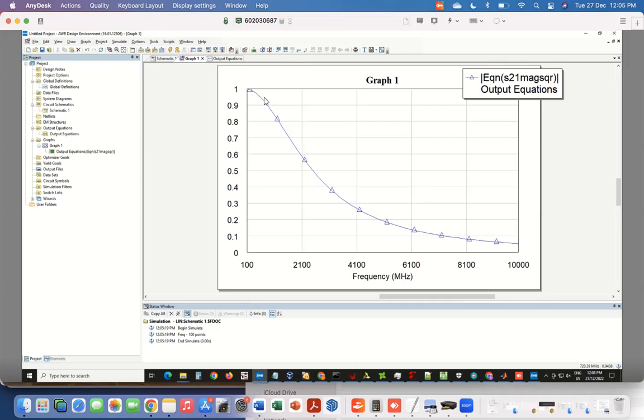Here omega C is 1, but omega resonance is 1 over √2, which means omega C is √2 into omega resonance. No, wait. Sorry. It's over √2.